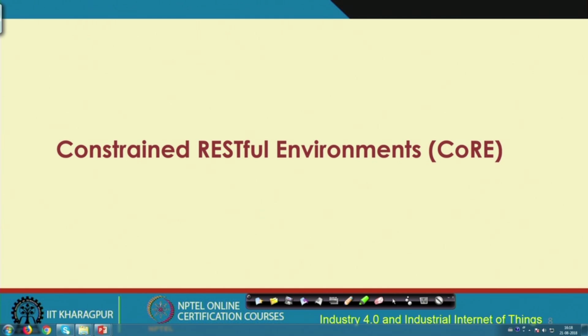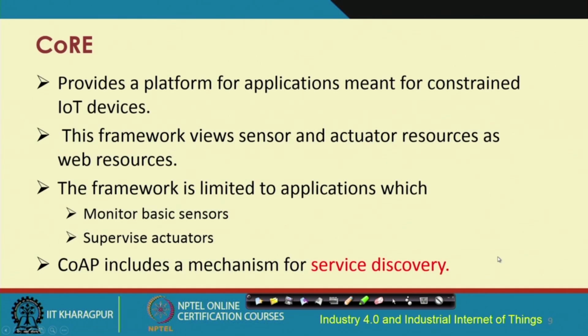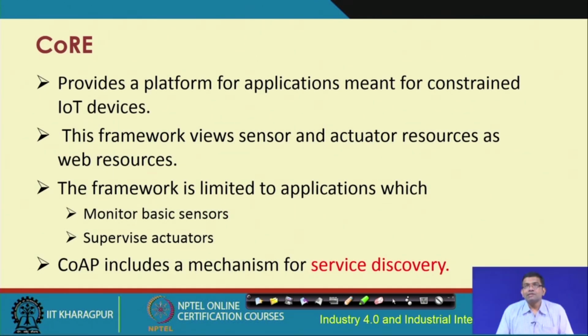So, we are talking about the architecture which supports REST, and we need to see how that helps in building up CoRE. So, CoRE basically provides a platform for applications meant for constrained IoT devices, and that is where this constraint part is important, and that is where this finds itself useful for IoT environments.